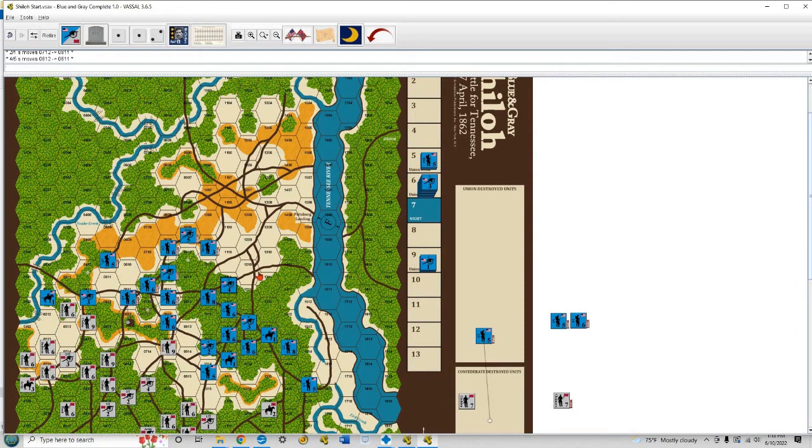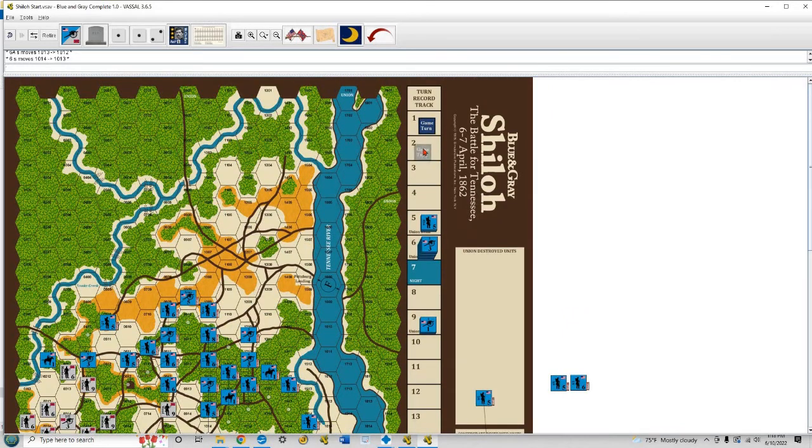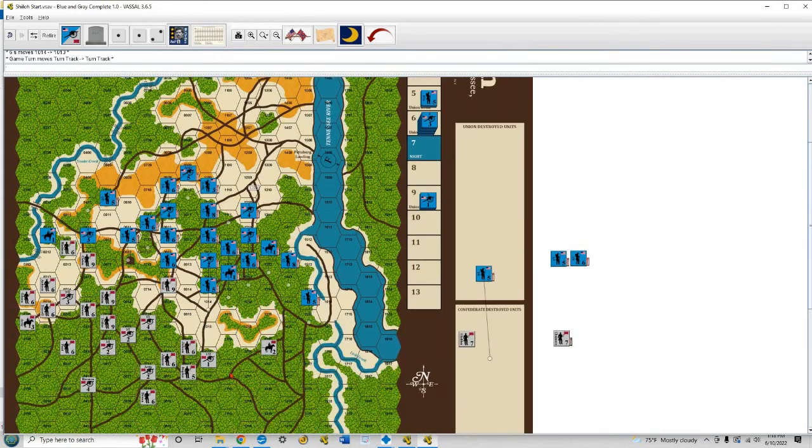So I can't move. Okay, that's the Union's move. It's pretty quick there. Let's go to game turn 2 and see what the Confederate forces are going to do.